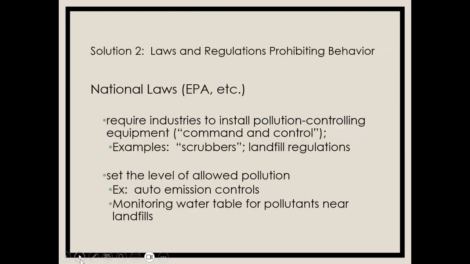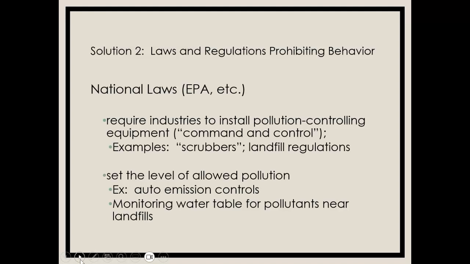Okay, so let's talk about national level laws. This would be something like the Environmental Protection Agency laws and regulations that stop people from or control levels of pollution. Sometimes these laws require industries to install certain pollution controlling equipment. That's referred to as a command and control regulation.